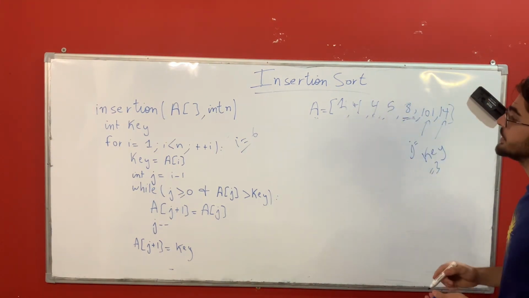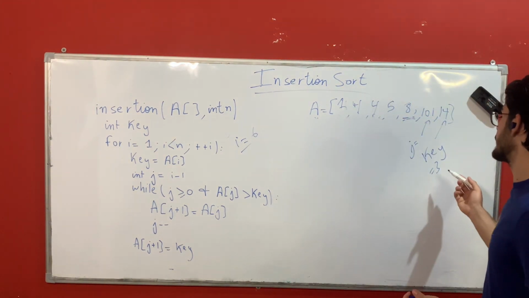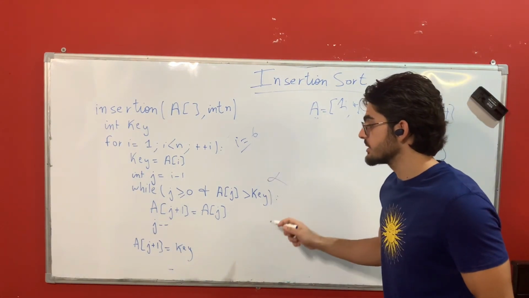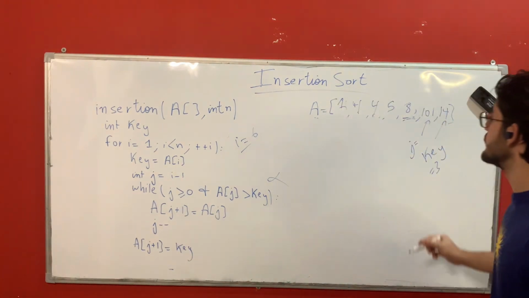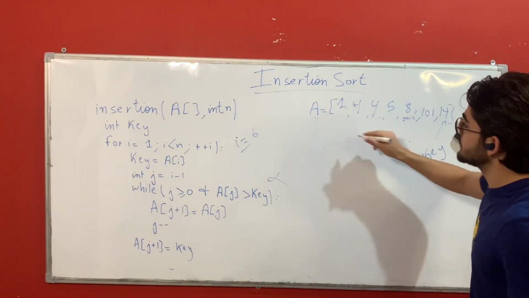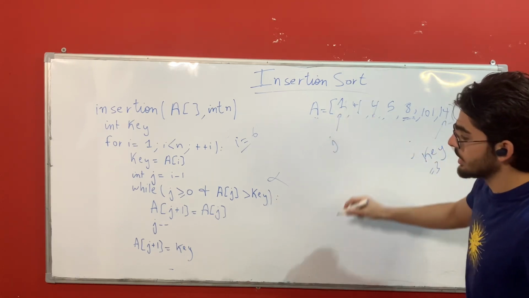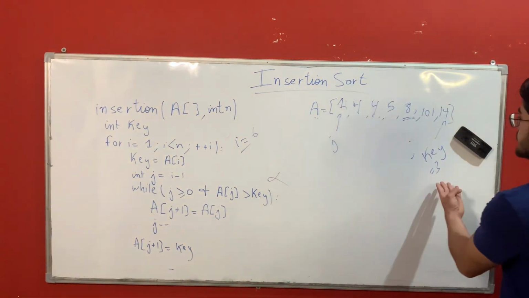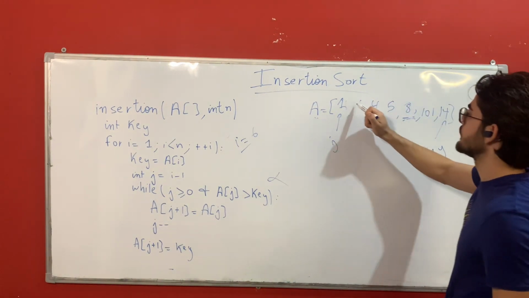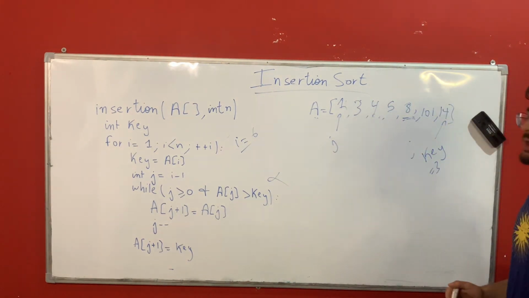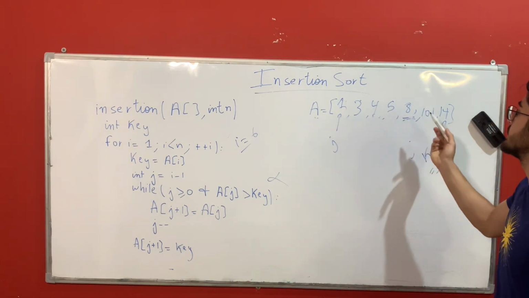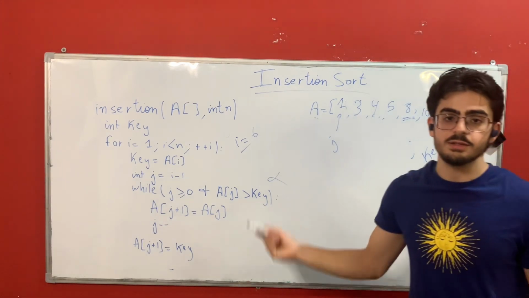So when we reach 1, we find that 3 is greater than 1, so the while loop here never executes, and A of j plus 1 will be equal to the key, where j will be pointing to 1. So A of j plus 1 will be equal to the key, which is 3. So now we have a sorted array composed of 1, 3, 4, 5, 8, 10, and 14 using insertion sort.